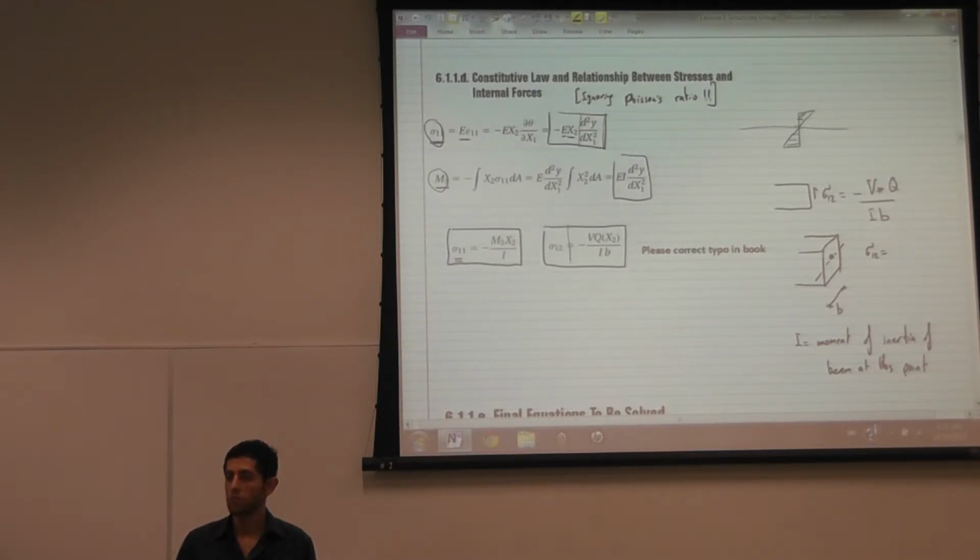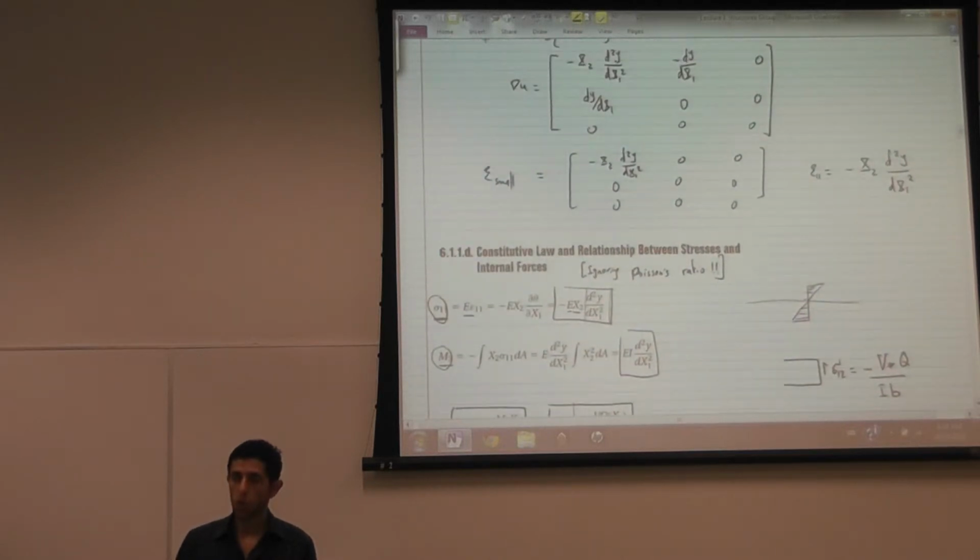There has to be shear strain. But in the small strain theory, there's no shear strain. So for these beams, we're ignoring the shear strain, or we're assuming it's very small, that it's negligible, or we're assuming that the shear modulus is infinite. All these things are corresponding.